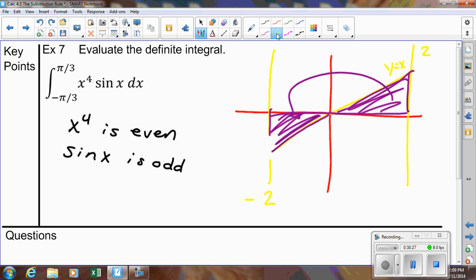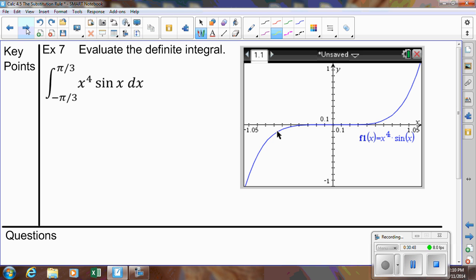This is a piece that we would need to recognize as being odd. Odd functions have rotational symmetry. Even functions have y-axis symmetry, where you can flip it. To help visualize this a little bit, I put together the graph. Here's our graph from close to negative pi over 3 to positive pi over 3, and we're asking what the combined area is for these regions.